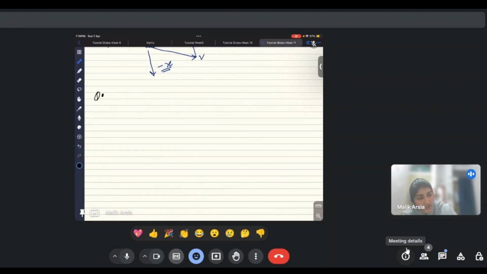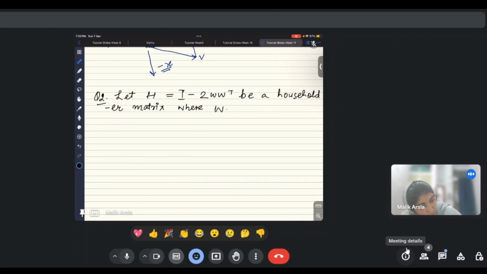So coming to question number 2, let H = I − 2WW^T be a Householder matrix, where W = [0.8, −0.2, −0.4, 0.4].